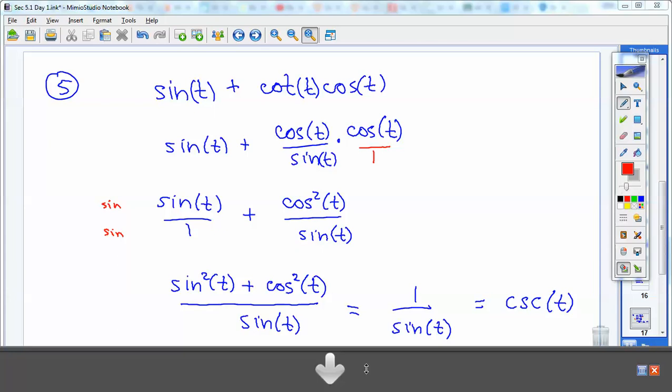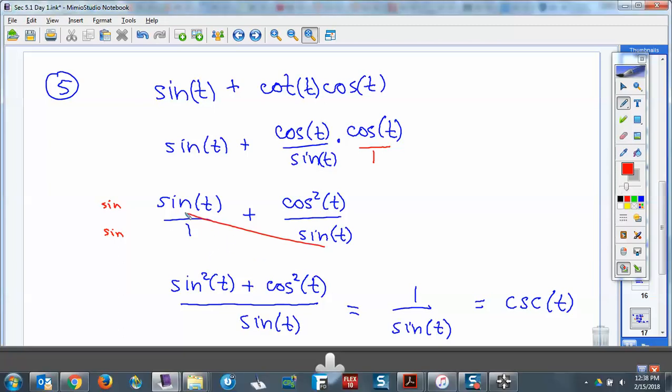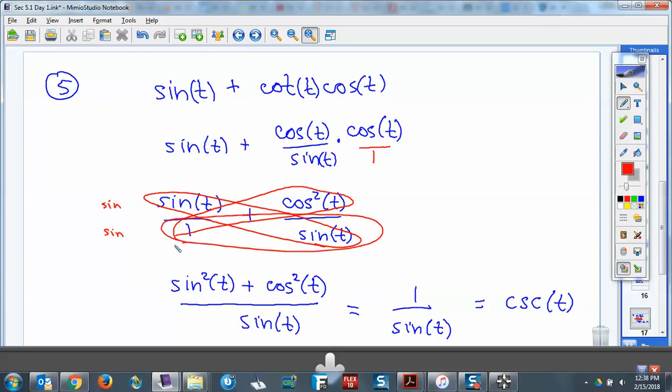That's 1, right? So you get 1 over sine.